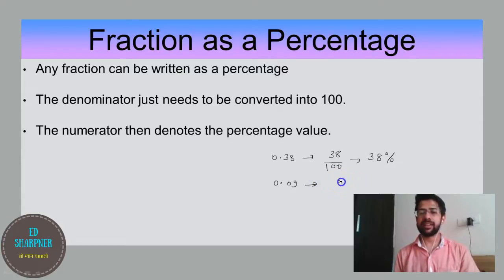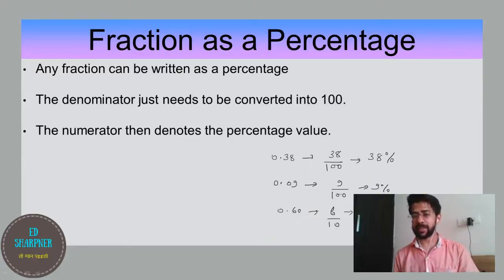This is again 9 divided by 100, and hence this is 9%. What about 0.6? Now this 0.6 is nothing but 6 divided by 10, which is 60 divided by 100. You can see this just by putting 0 after 6, as meaning doesn't change. So 0.6 or 0.60 is nothing but 60%.